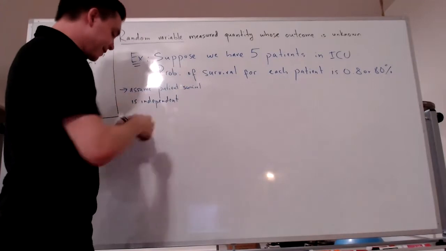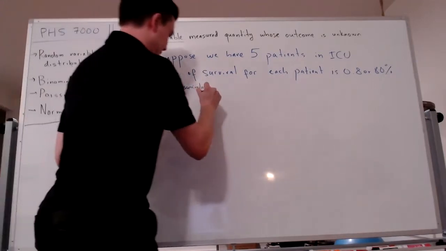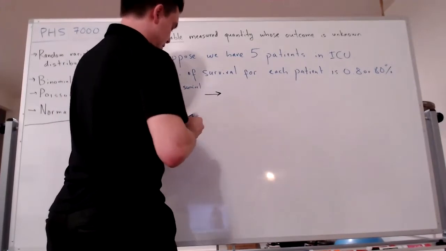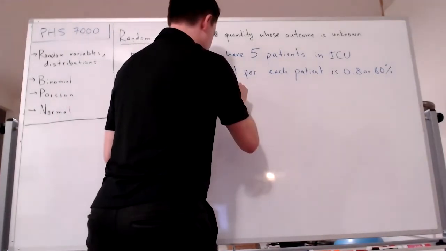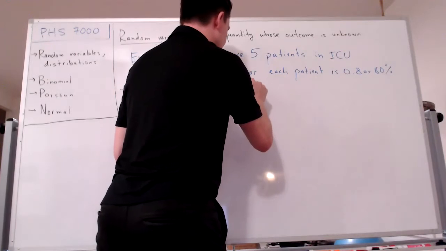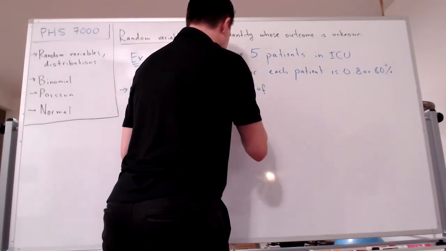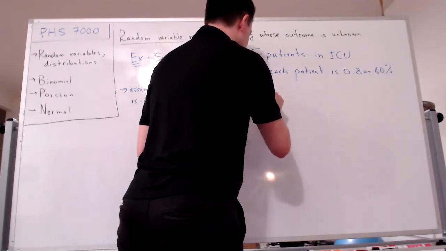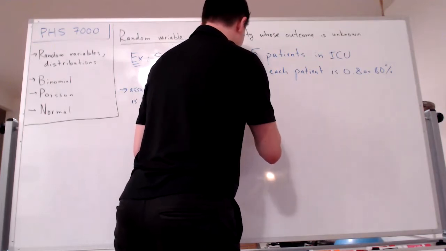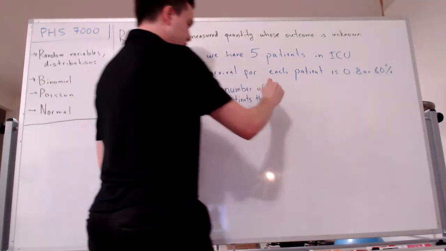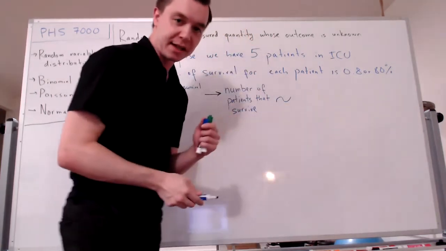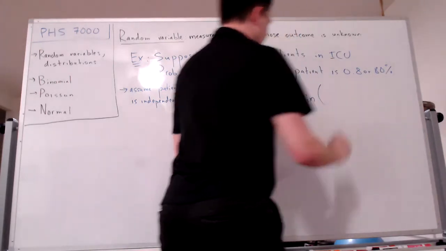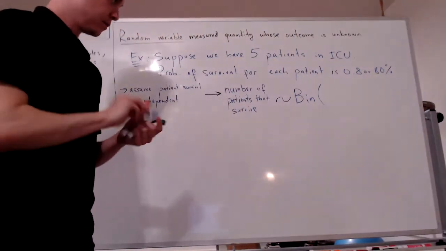Then we can represent this process using a binomial distribution. Number of patients that survive, all right, and I'm going to do my tilde, which is distributed as a binomial distribution.